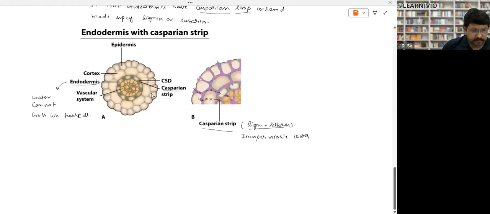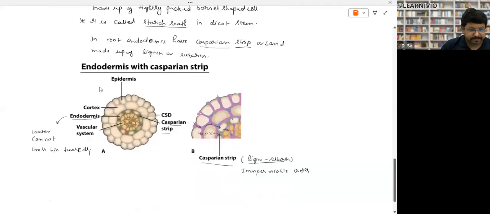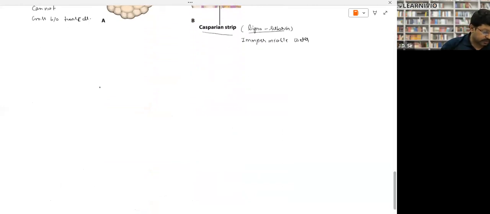Then after the endodermis, the next one is pericycle, right? Here you can understand. This is the endodermis, and inside the endodermis, the next layer is pericycle. This is the yellow color cells. This is the pericycle. Then there are vascular, right? So next heading is pericycle. Start noting now.